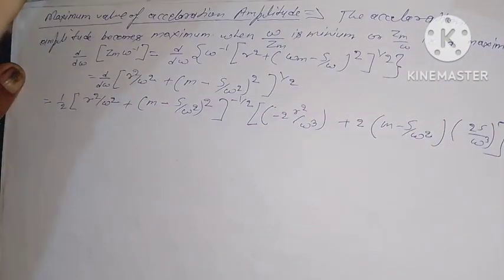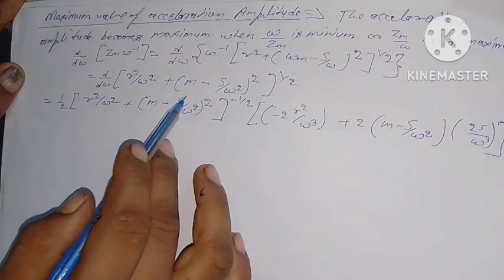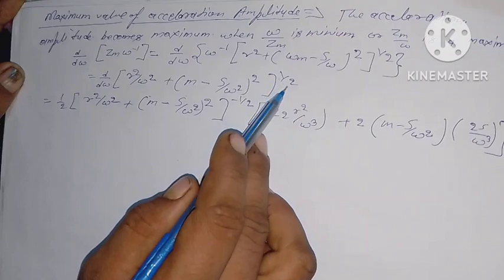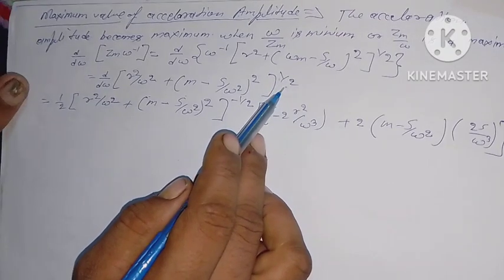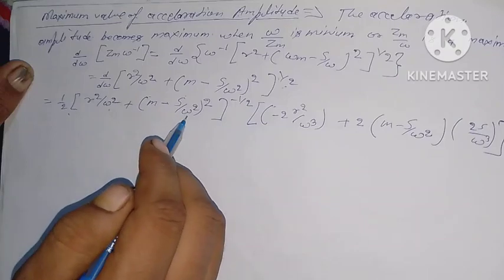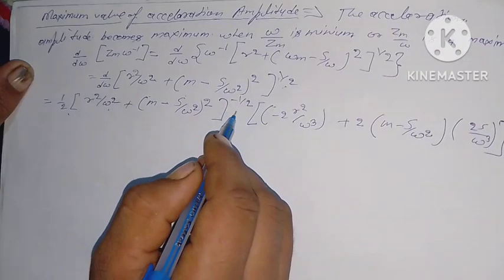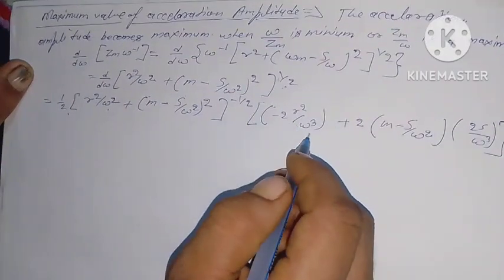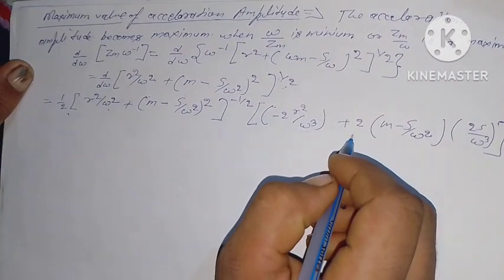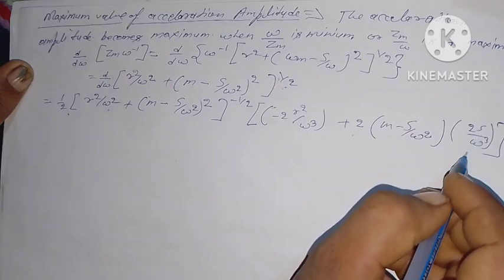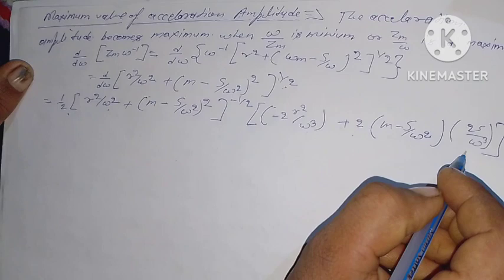Okay. And this is 1 by 2 [r square by omega square plus (m minus s by omega square) whole square] to the power minus 1 by 2, and in another bracket minus 2 r square by omega cube plus 2 (m minus s by omega square) into 2s by omega cube.